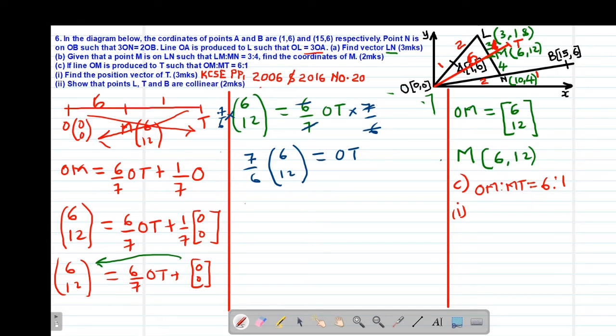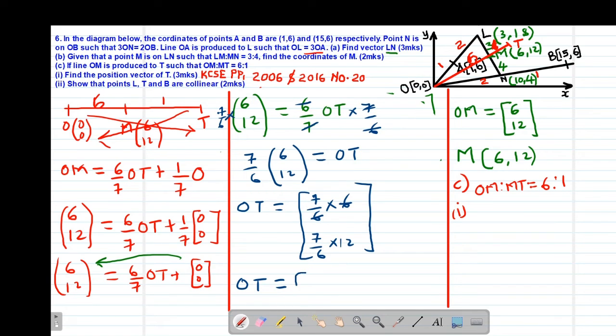So the vector OT will be 7 over 6 multiplied by 6, then 7 over 6 multiplied by 12. The 6 and 6 cancel out, so I remain with 7, then 6 twos are 2, and 2 times 7 gives 14. So the position vector of T will be 7, 14.